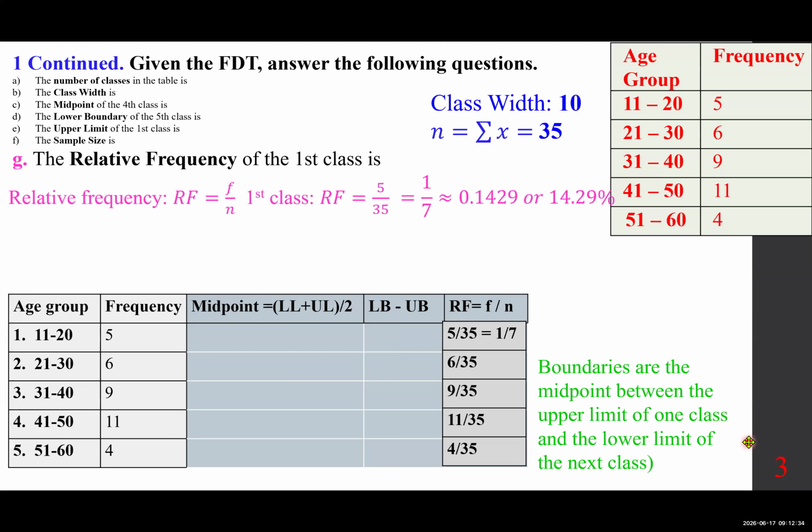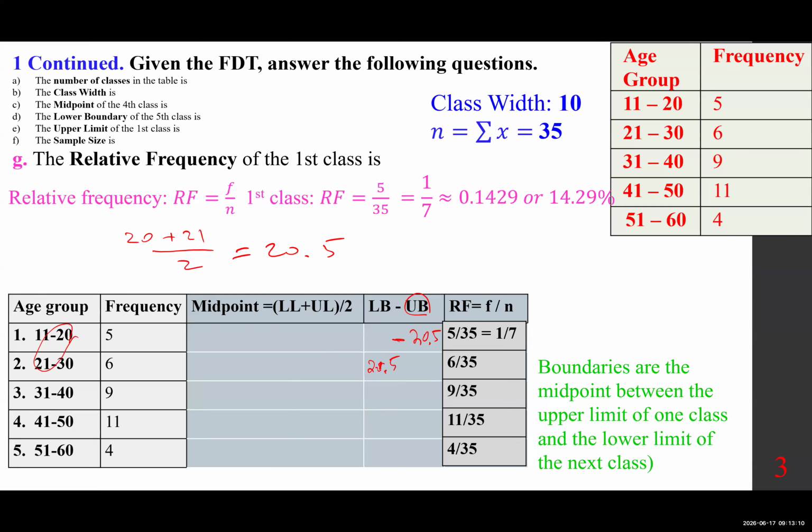Therefore, just for the sake of argument, if you find one of them, these two, for example, 20 plus 21 divided by 2 is 20.5. That means this is UB, upper boundary, LB, lower boundary. This is 20.5. And so is this one.